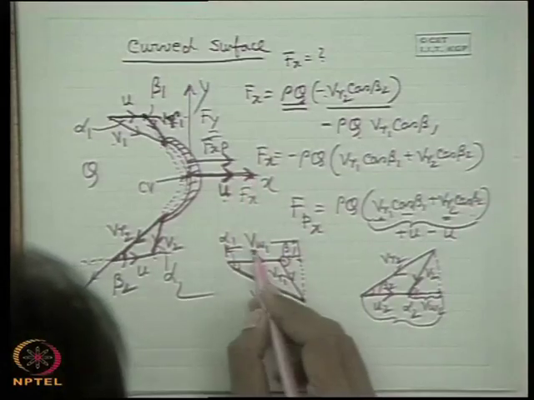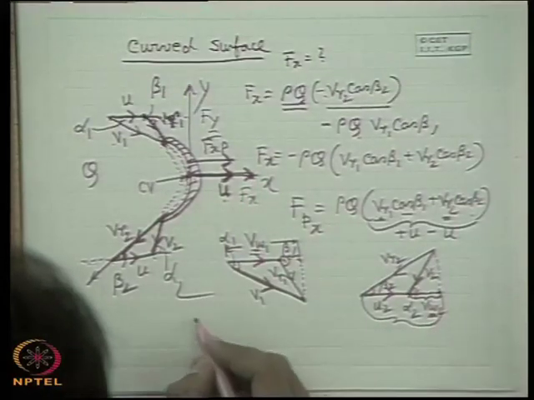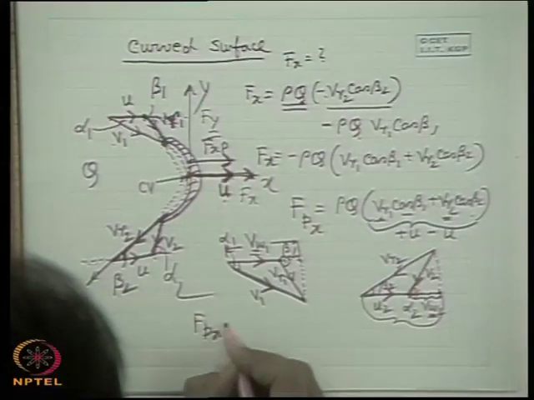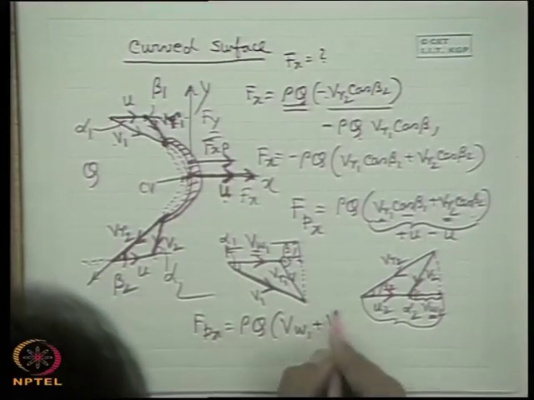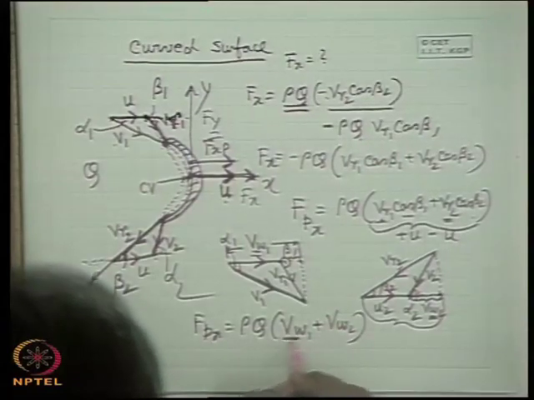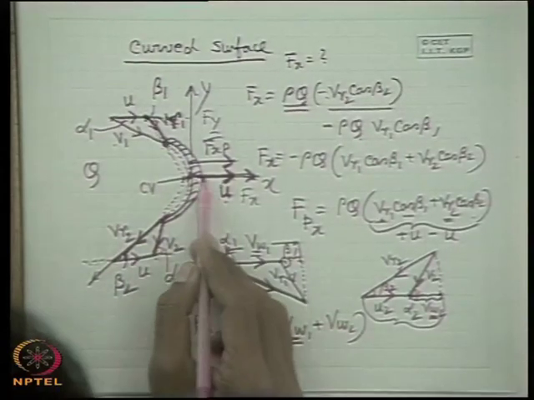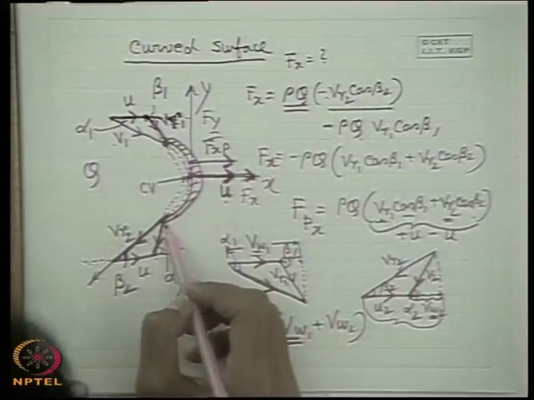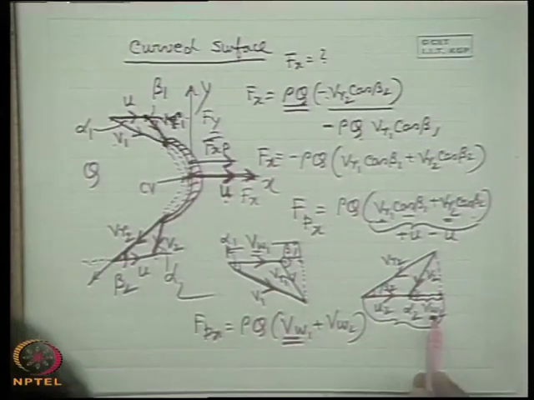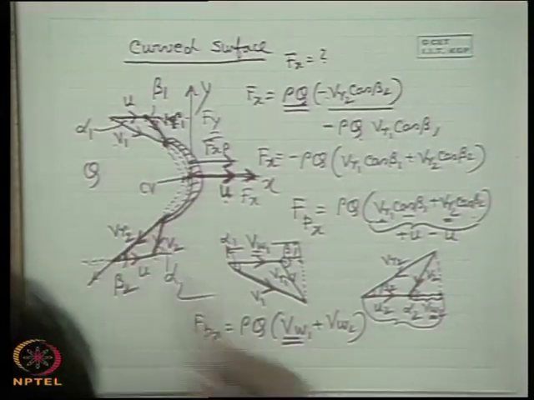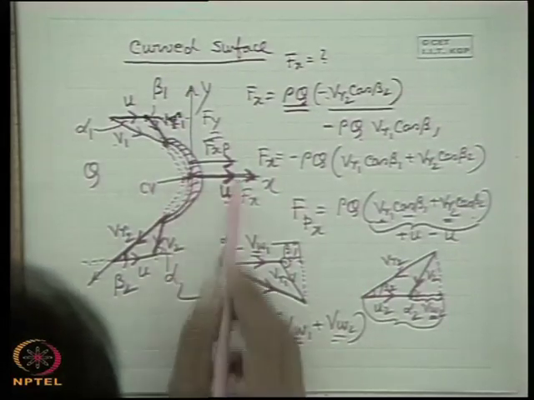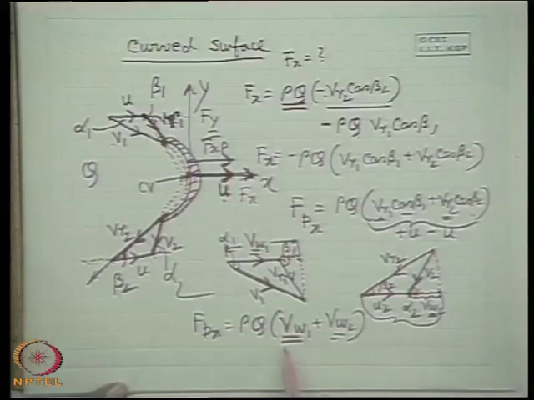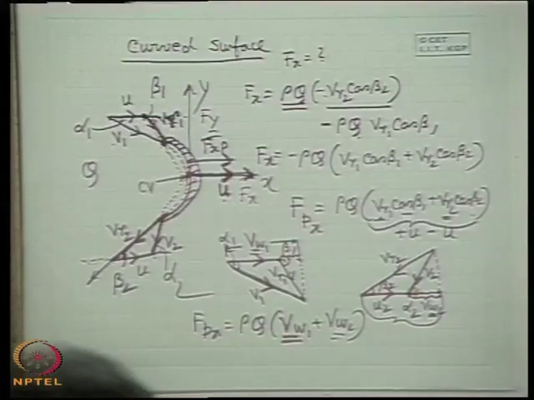It is easier to deal with this in case of turbo machine, so that Fpx is denoted as rho q (Vw1 plus Vw2), where the Vw1, Vw2 nomenclature means the components of the absolute velocities at the inlet and outlet in the direction of the motion of the plate or surface. That is the tangential direction. That is why it is known as tangential component of absolute velocities.